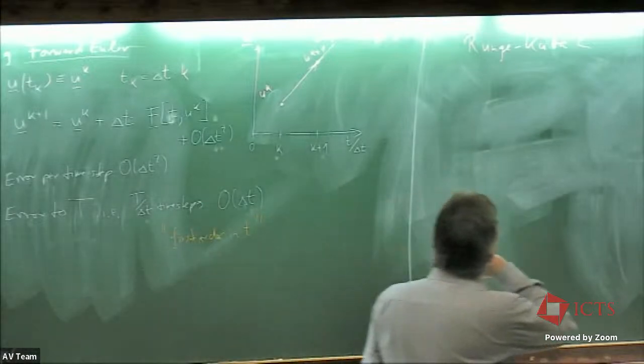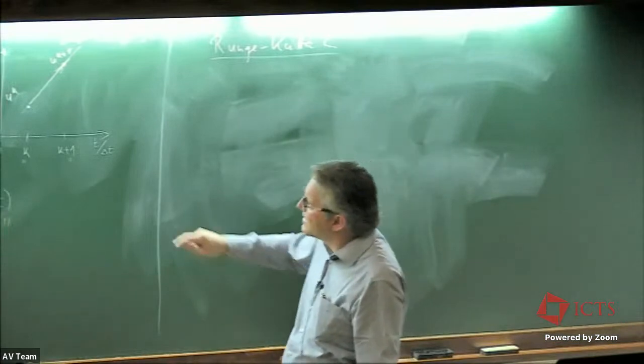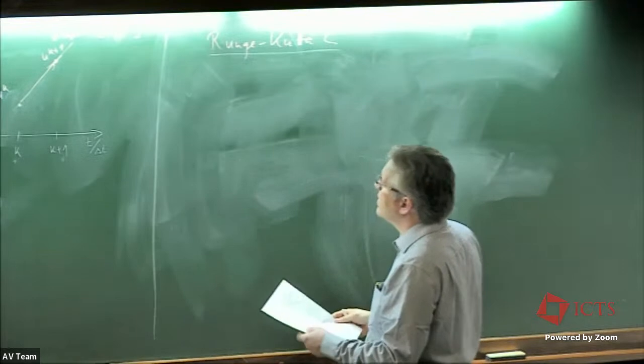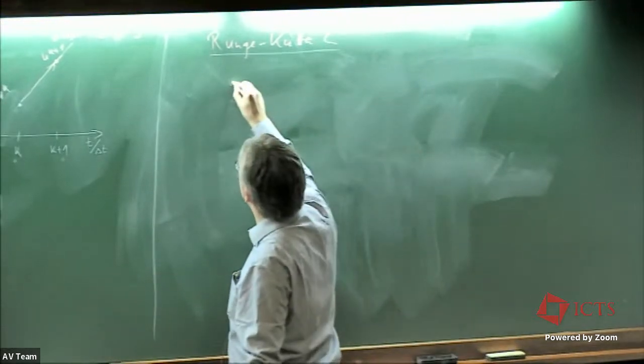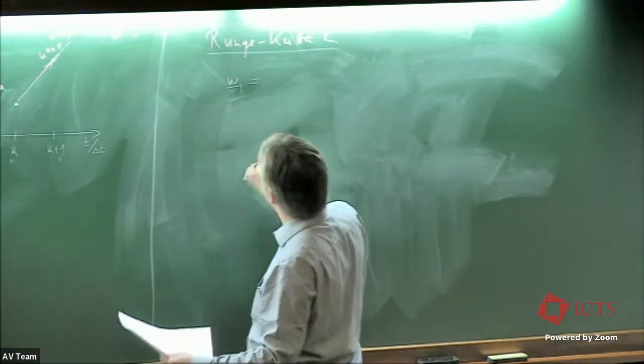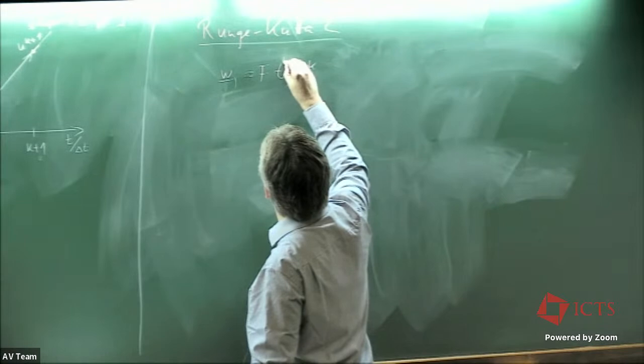Okay, Runge-Kutta 2 works quite similar to forward Euler, that we first evaluate an intermediate quantity W1, which is F at time t and u_k.